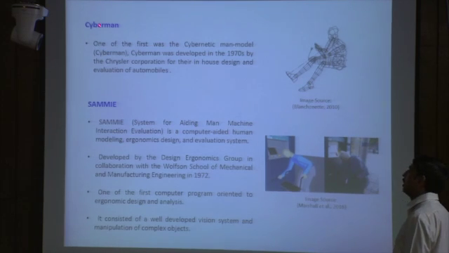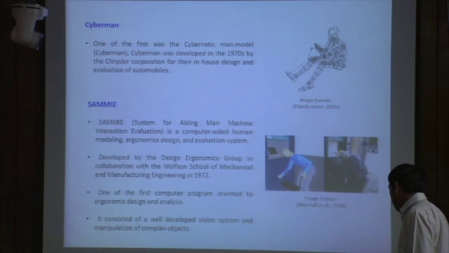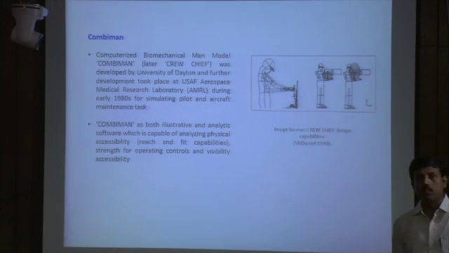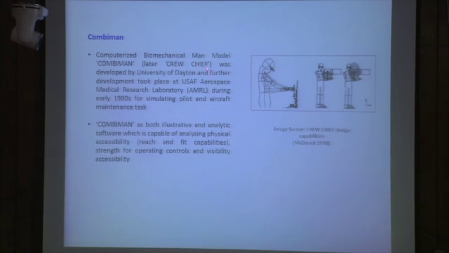So after Boeman, Cyberman and SAMI, many other software also came to the market. One software is CombiMan, the computerized biomechanical man model, later on known as CrewChief. It was developed by the University of Dayton, and further development took place in the US Air Force Medical Research Laboratory, AMRL, during the early 1980s for simulating pilot and aircraft maintenance tasks.